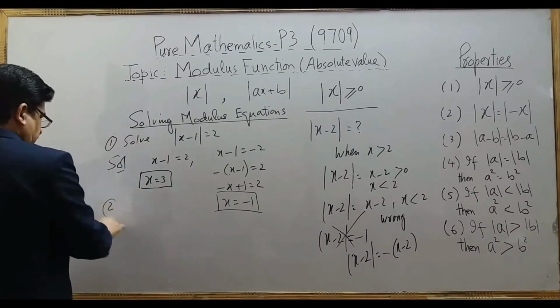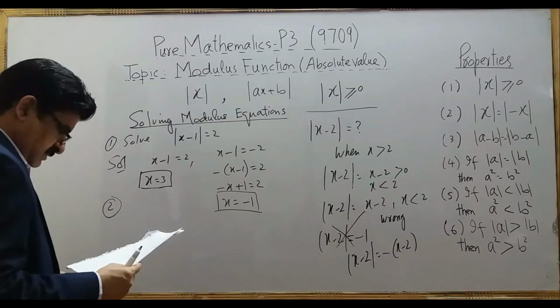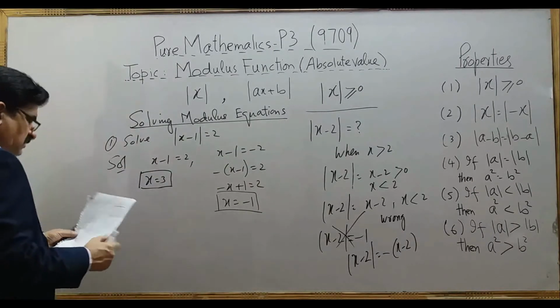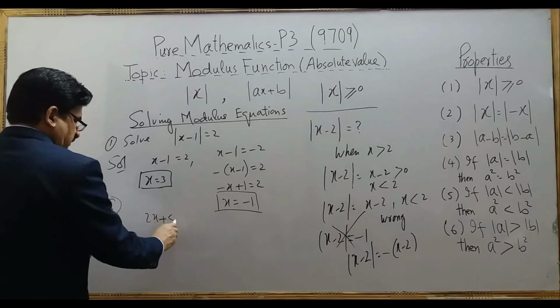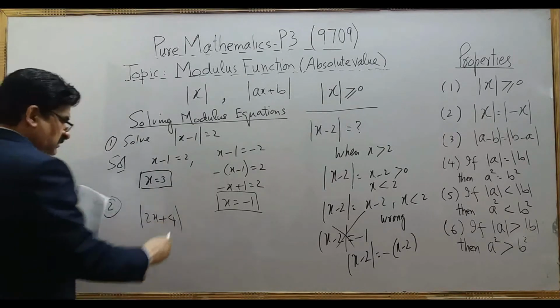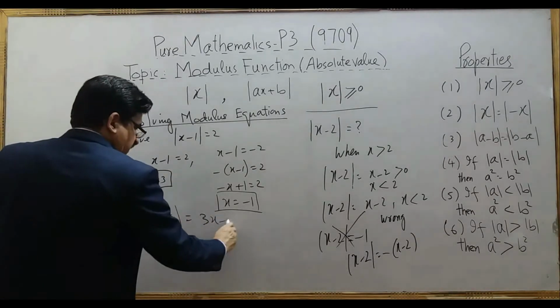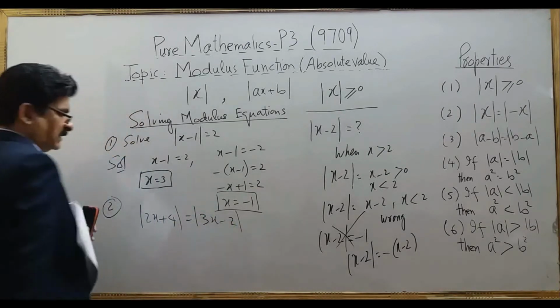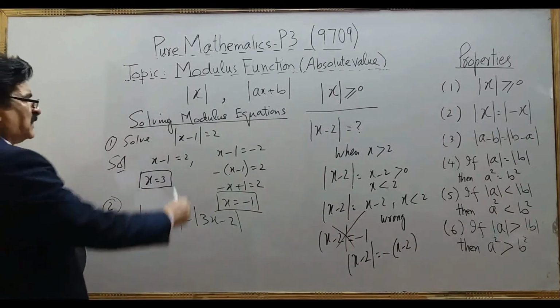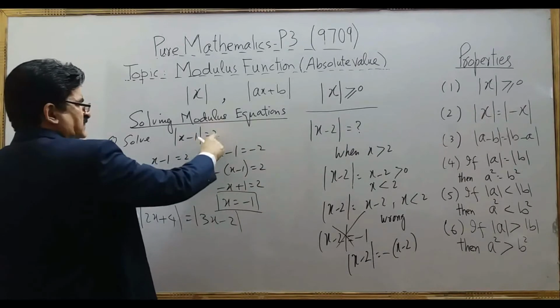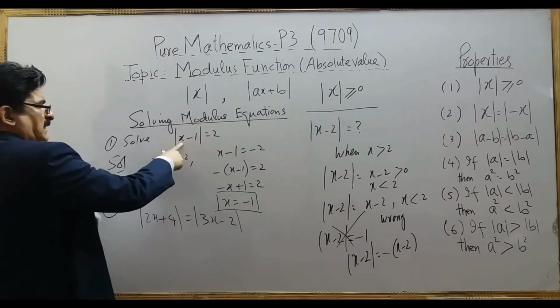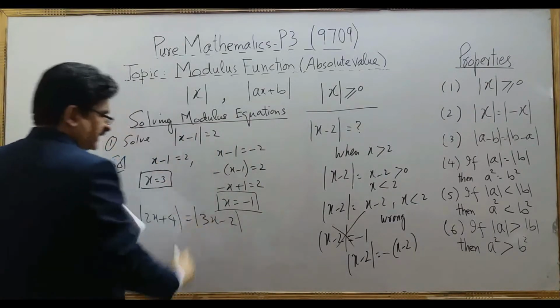Now, the second example is: solve |2x + 4| = |3x − 2|. Now, see that here you have a positive constant on one side and x on the other side. Here you have x on both sides.